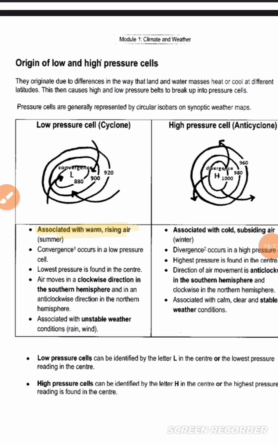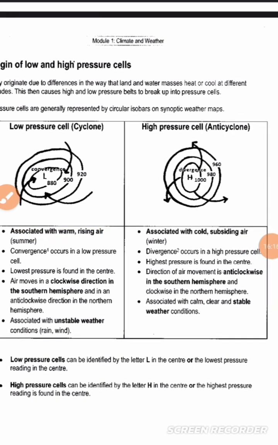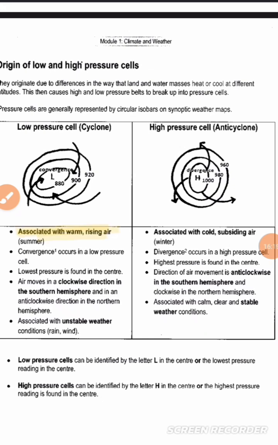I want us to check these differences before we get into mid-latitude, because in the mid-latitude cyclone, we are going to deal much with these synoptic charts. And high pressure cells are associated with cold subsiding air. They've already indicated here that it's winter. Here it's summer. Low pressure, summer. High pressure, winter.